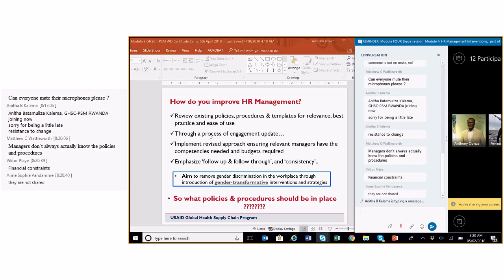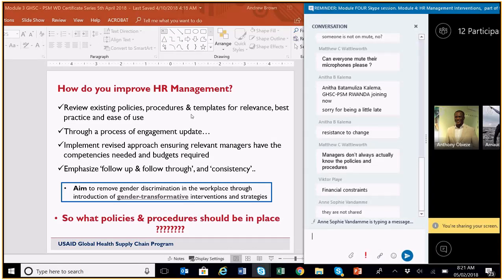So how do you improve HR management? So this is a big question with regard to HR management. So the steps that I would suggest we consider, and in your context to consider, is to review existing policies and procedures and templates for relevance, best practice, and ease of use. Sometimes systems aren't used because they're quite cumbersome. Then, through a process of engagement, update these policies.